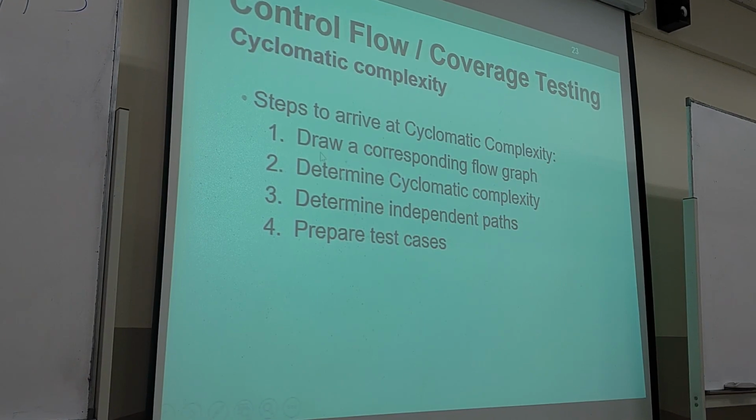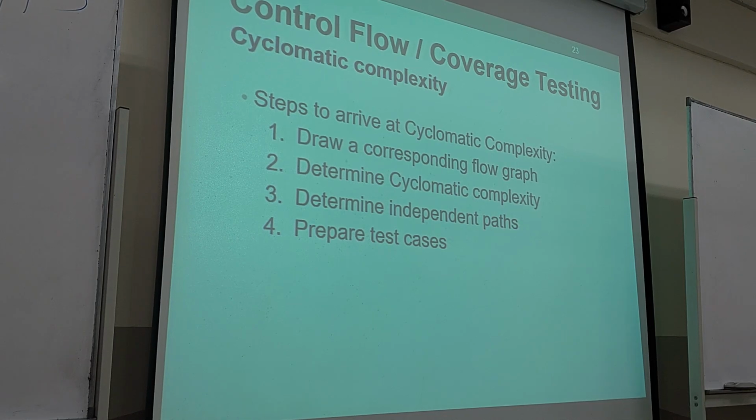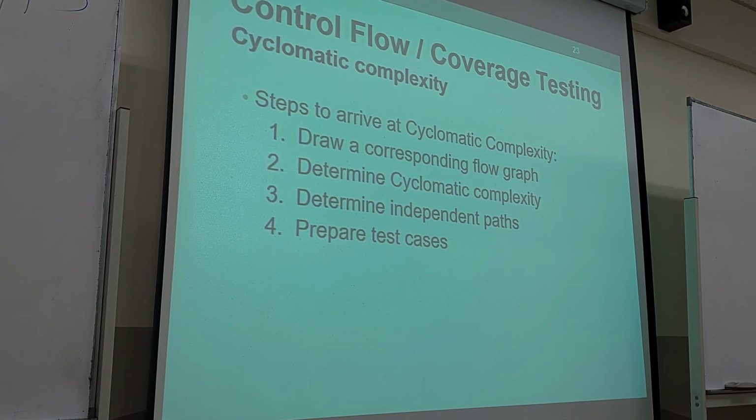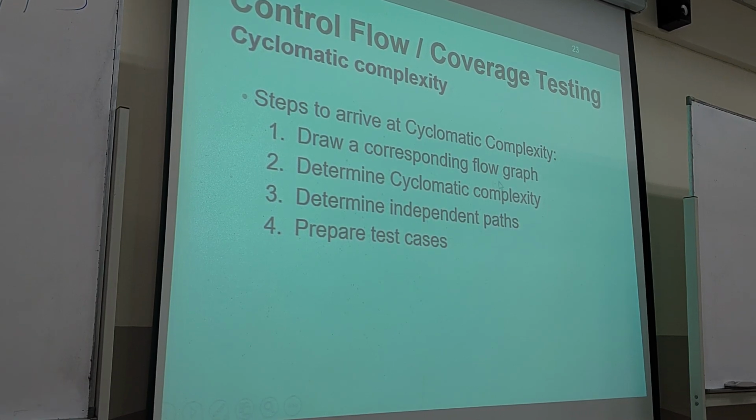So this will be the flow of how we will do the path coverage testing. We will be drawing the control flow graph based on the given source code. From there we will use the formula to determine the cyclomatic complexity by giving that number.